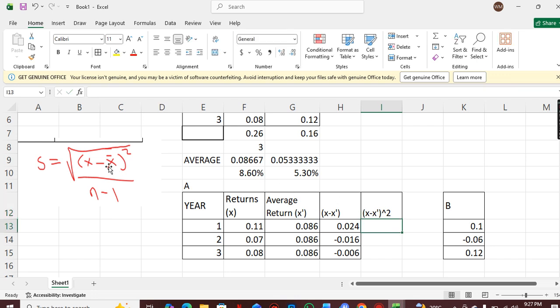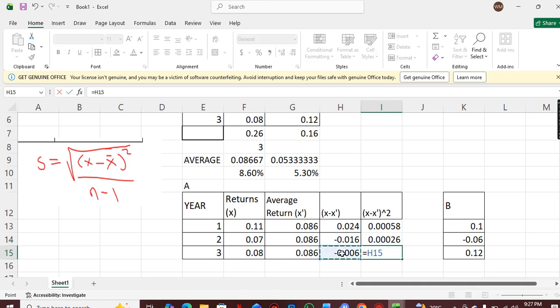Remember, we're just on this numerator here, x minus x bar squared. So these values, 0.0024 squared, you get that. Negative 0.016 squared, you get that. Negative 0.006 squared, you get that.